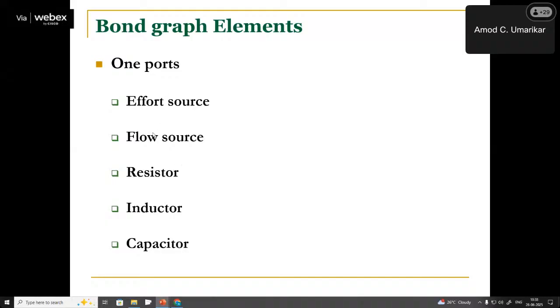Effort source, flow source. Effort source means, let's say, force. Force is an effort, or MMF is an effort. Flow source means current is a source, or velocity is a source. So that is a flow source. See, this is a mathematical modeling method.